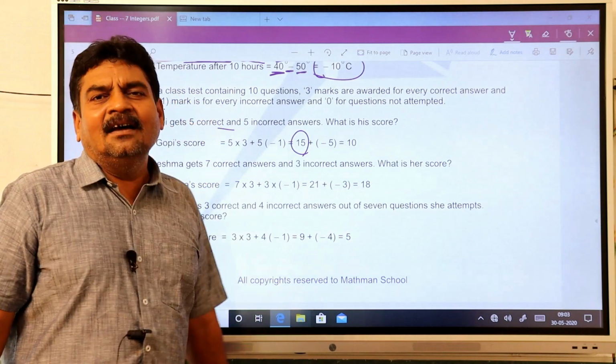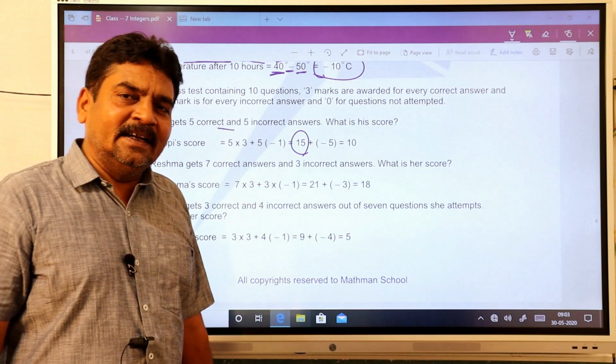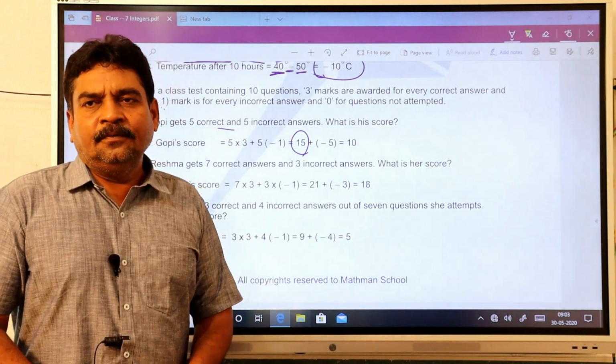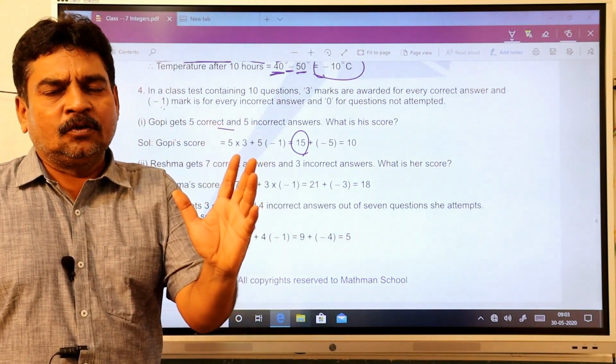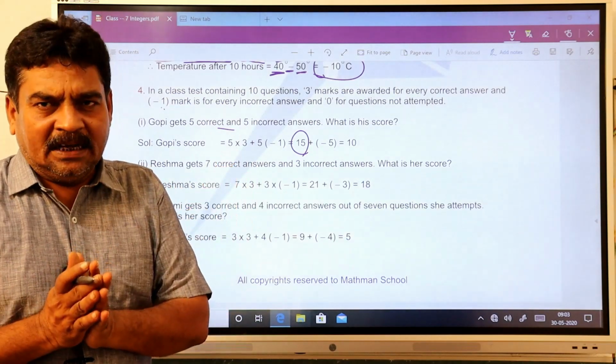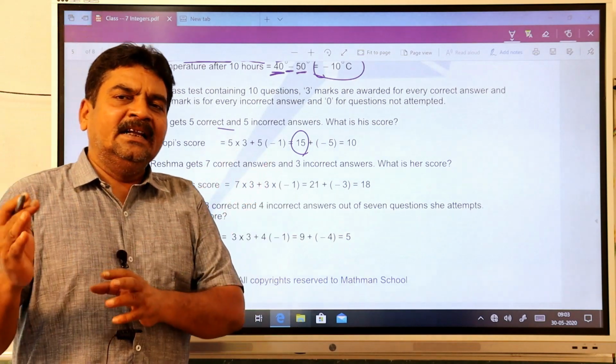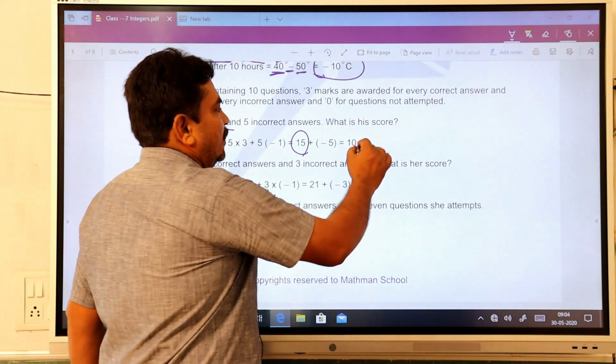Minus 1 is for wrong answers, so 5 into minus 1 is minus 5. Therefore he scored 15 from correct answers and lost 5 marks from wrong answers. So 15 minus 5 is 10.